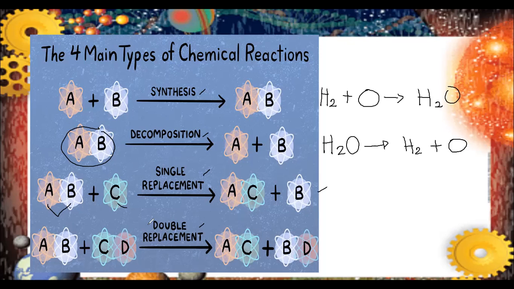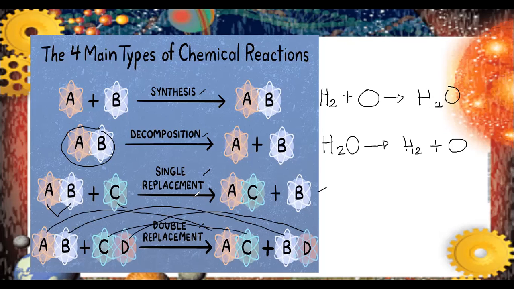And the fourth one is the double replacement, wherein yung elements natin, nagka-switch sila or nagkapalit po sila ng partner nila in the product. So we have A, and the letter B becomes on the other side. Letter C is here, and letter D sa kabila naman. So that is the double replacement.